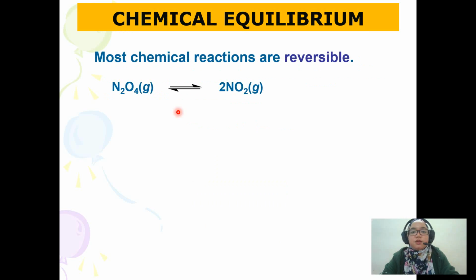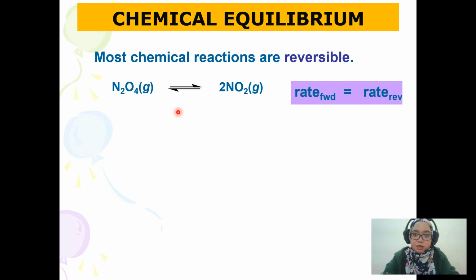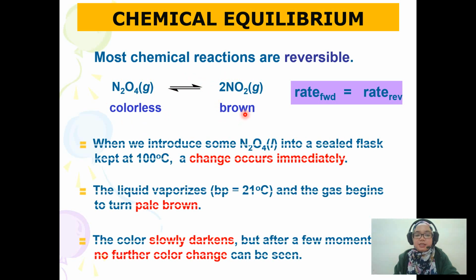Okay, chemical equilibrium. Most chemical reactions are reversible. If we look at this reaction, N2O4 reacts to form NO2 gas. N2O4 is a colorless gas and NO2 is a brown gas. When we introduce some N2O4 liquid into a sealed flask kept at 100 degrees Celsius, a change occurs immediately.